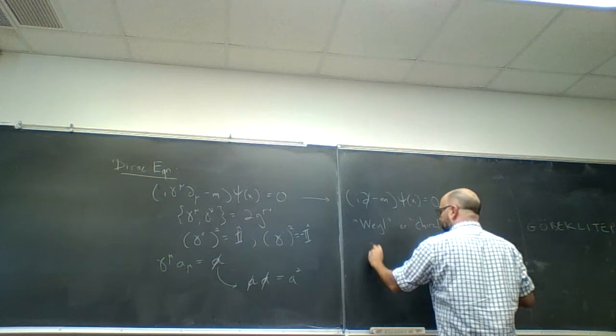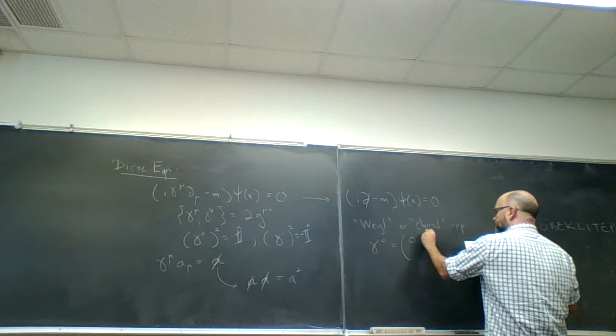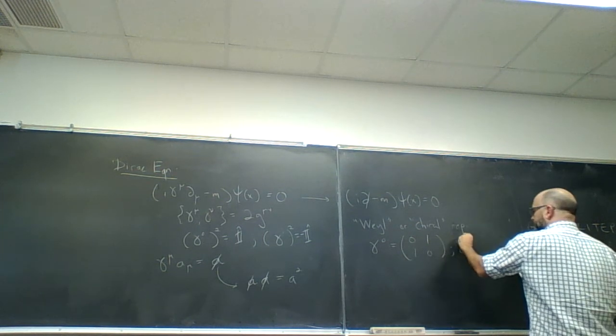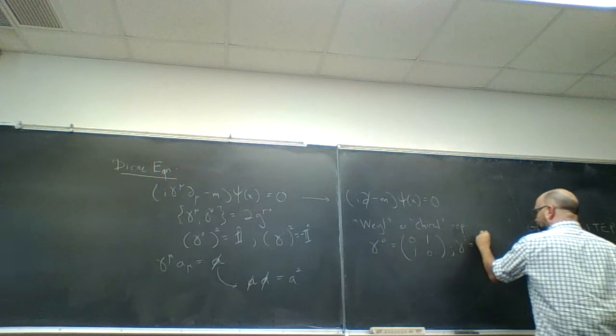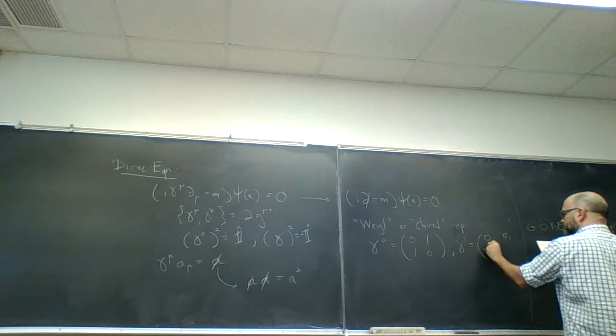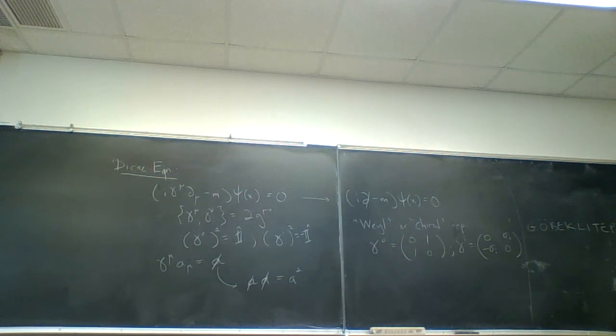That's where you write everything in block diagonal form. So for example, gamma 0 looks like this, and then the gamma i's can all be written in terms of the Pauli matrices.